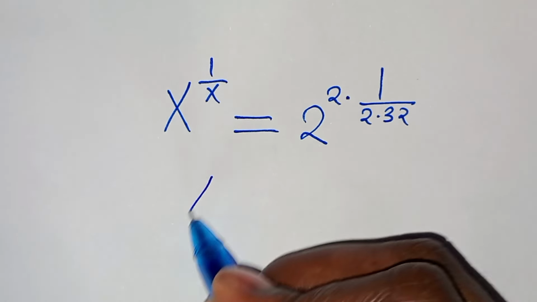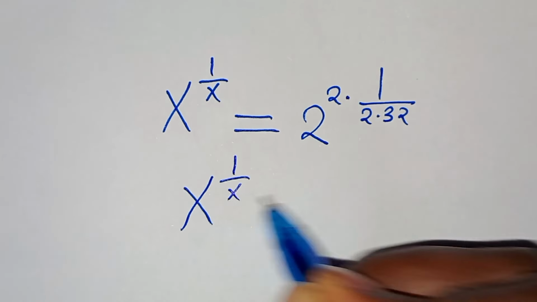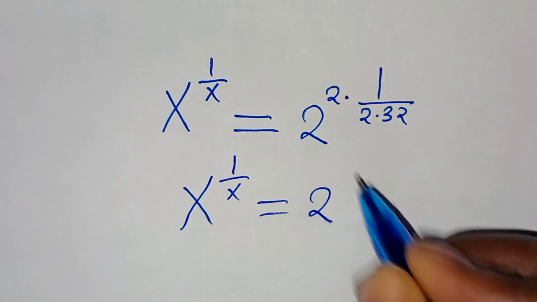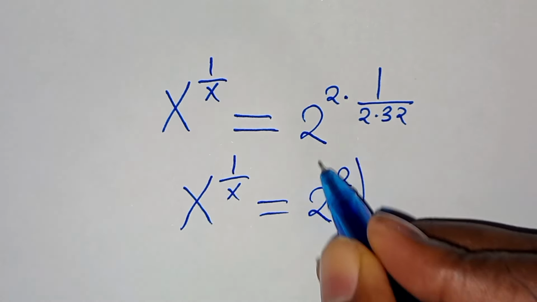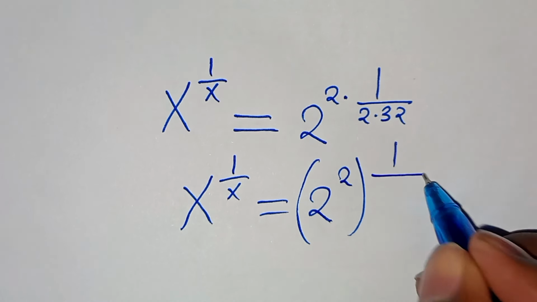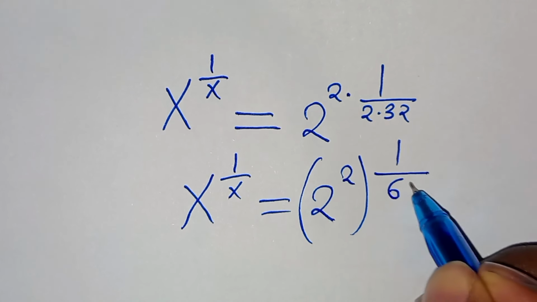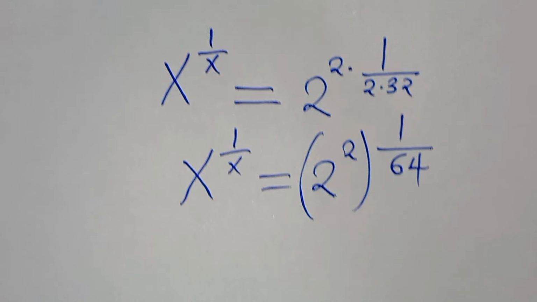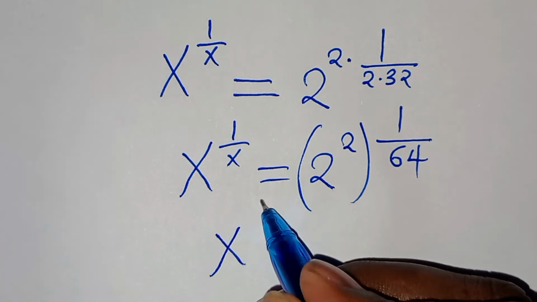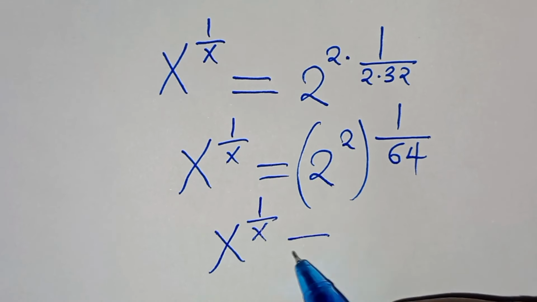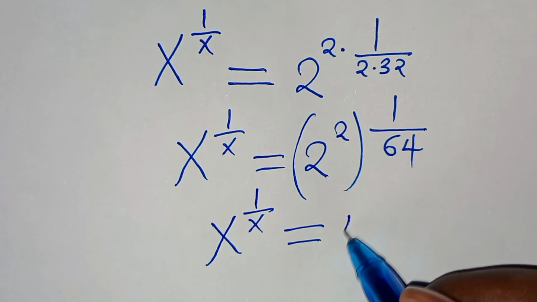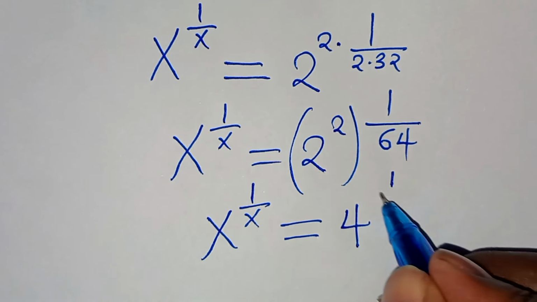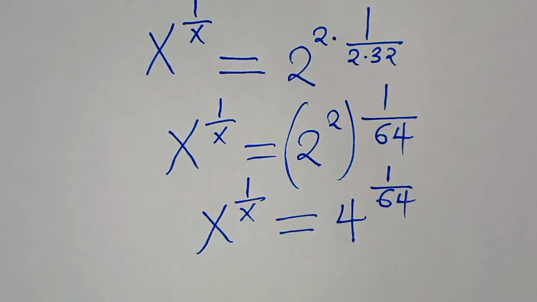So this implies x to the power of 1 over x is equal to 2 to the power of 2 raised to the power of 1 over 2 times 32, which is 64. So x to the power of 1 over x is equal to 2 squared, which is 4, raised to the power of 1 over 64.